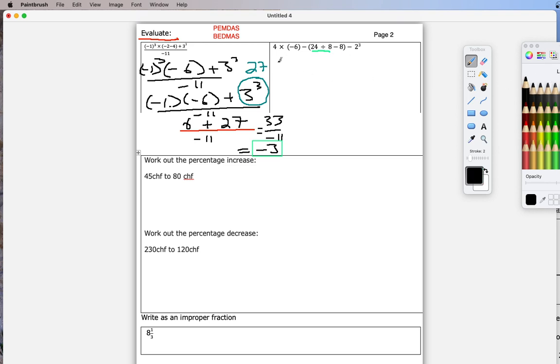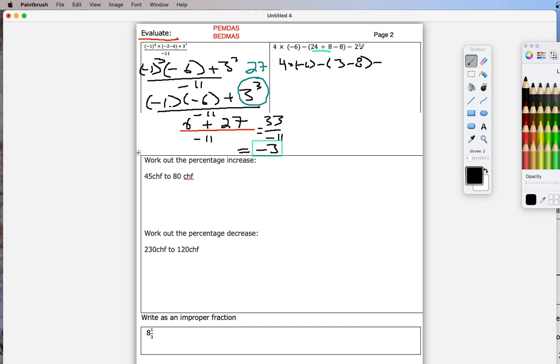So what I'm going to do is write 4 times -6. And now 24 divided by 8 is 3, minus 8. I don't change that. Minus 2 cubed.